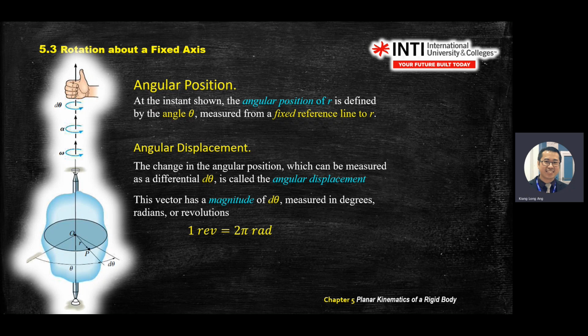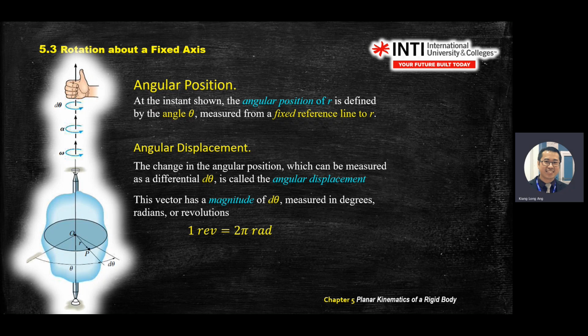Start from chapter 5, you start to use radian. So 2 pi radian equal to 1 revolution. You will start looking at questions that tell you the object turns how many revolutions. When you see revolution, you know that is chapter 5 onwards, and it's under rigid body.